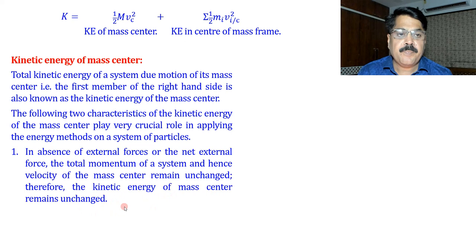That is, if there are no external forces acting on the system, or even if external forces are acting but the resultant is 0, under both conditions the total momentum of the system will remain conserved and the velocity of the mass center will not change. So in this case, the kinetic energy of the mass center will remain unchanged. Means what you can say? External forces can only change this kinetic energy.